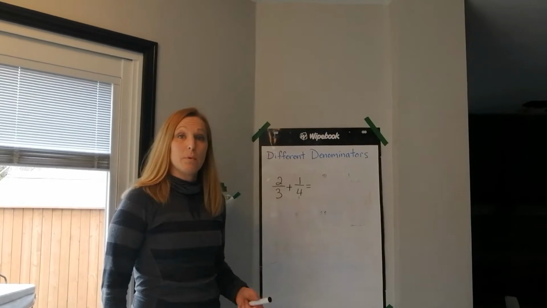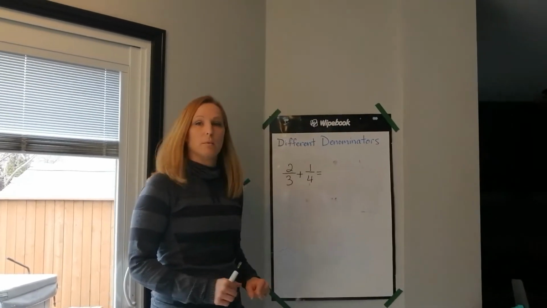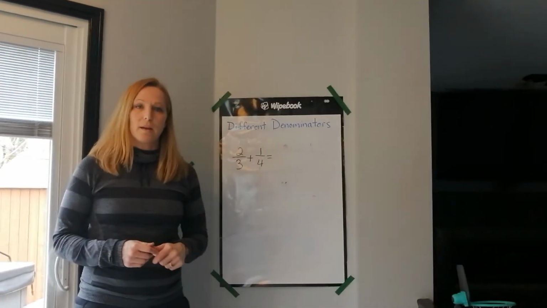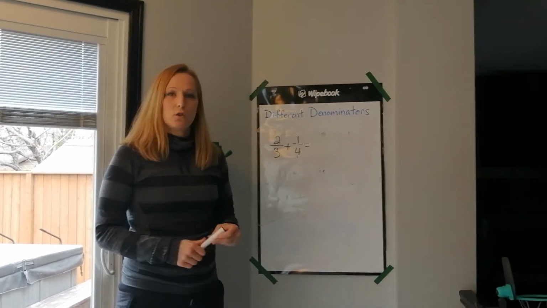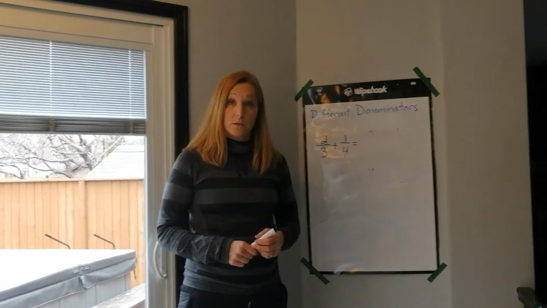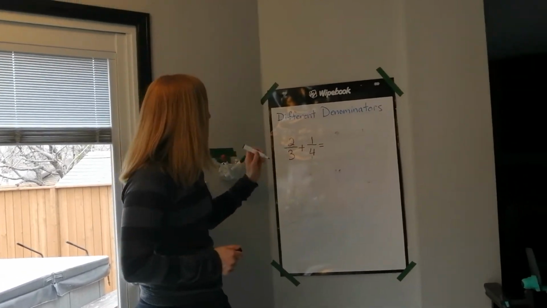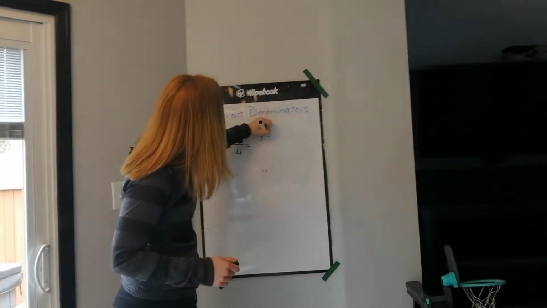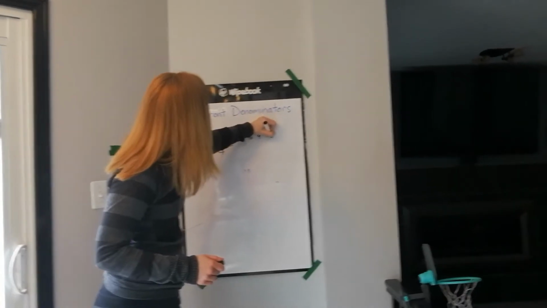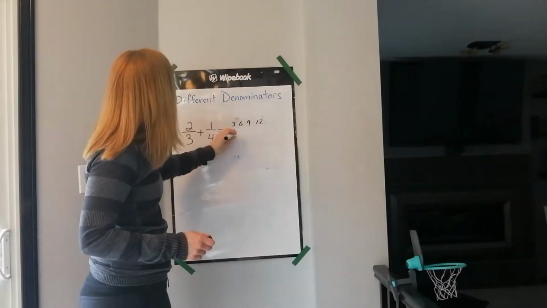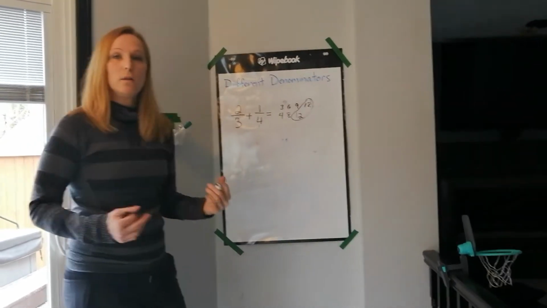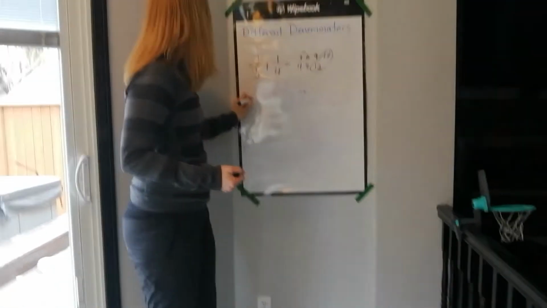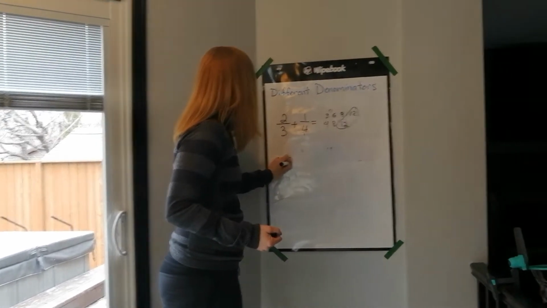This one's an example of two fractions with different denominators, and we can't do anything to make one into the other. So I've got to try and find the relationship between 3 and 4. So I'm looking for the least common multiples. So I'm just going to go 3, 6, 9, 12, 4, 8, 12. All right, so I know that my common denominator is going to be 12.